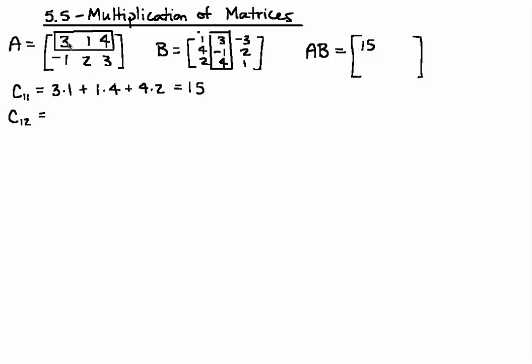So we multiply the first entry times the first entry, which is 3 times 3, plus the second entry times the second entry, 1 times -1, plus the third entry times the third entry, which is 4 times 4. And when you add those together, you get 9 plus -1, which is 8, plus 16, which is 24. And that is our second entry.